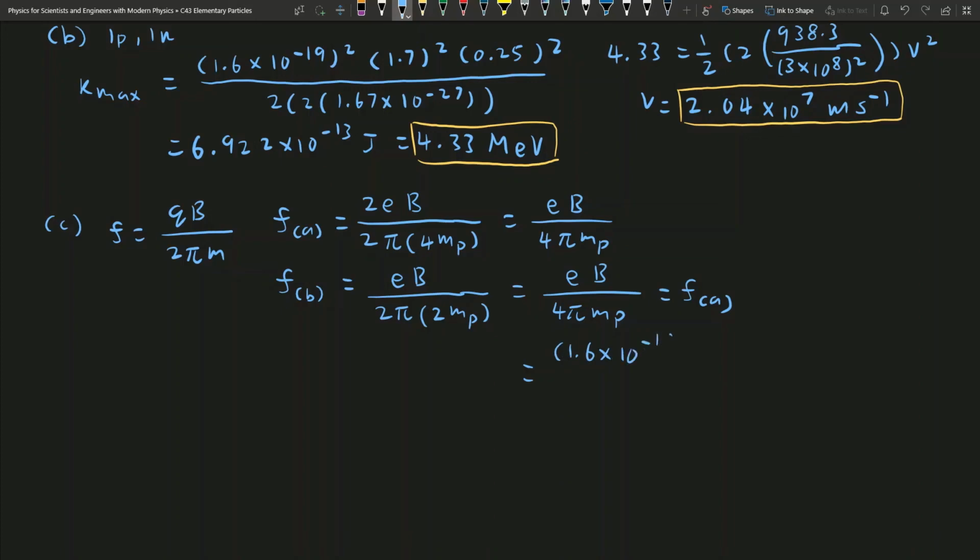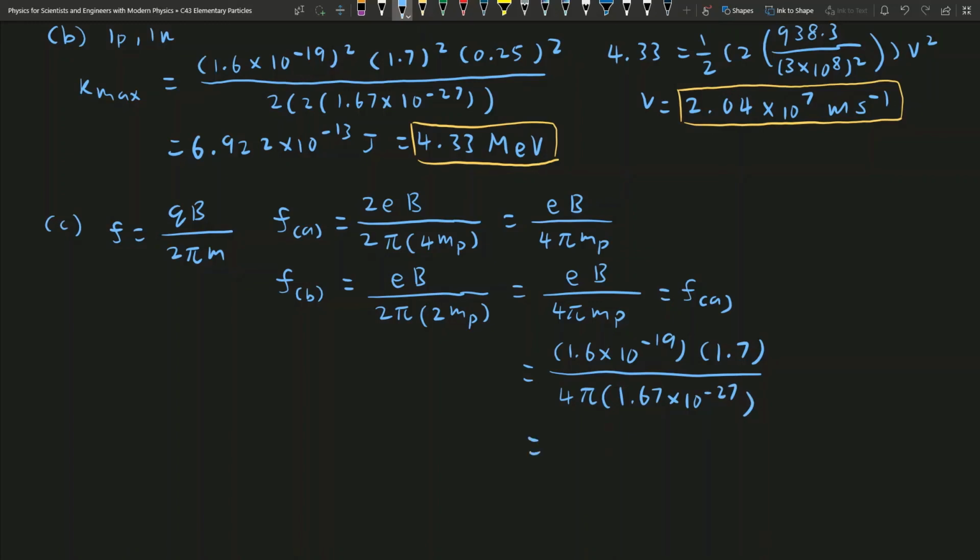The B is 1.7, over 4 pi, times the mass of the proton, which is 1.67 times 10 to the negative 27.